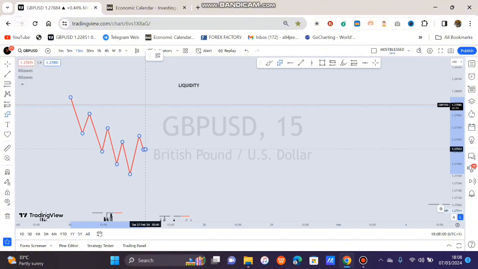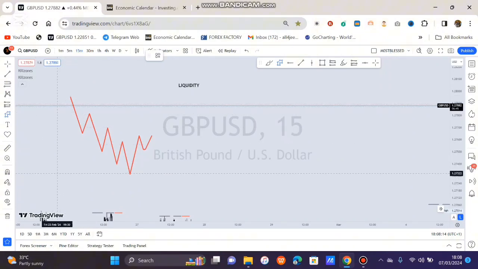For example, let's assume we have this, and we have this. Market is formally in a downtrend.